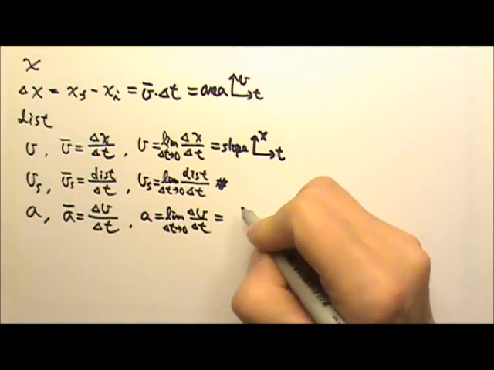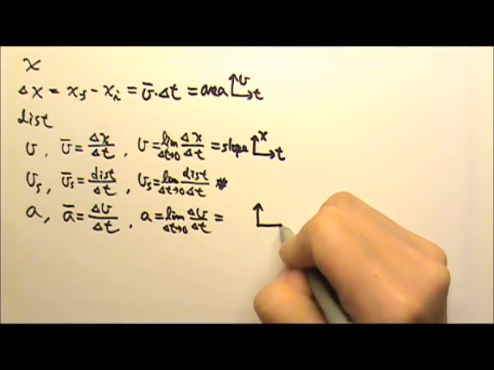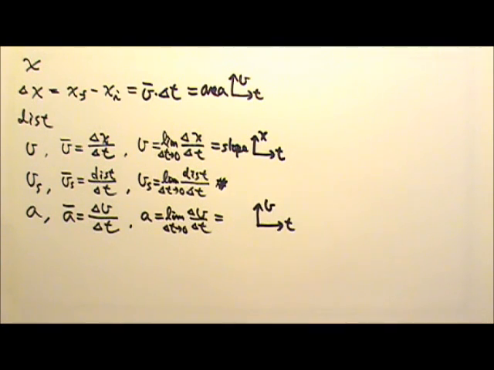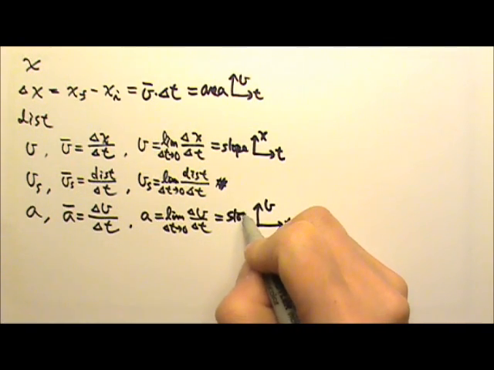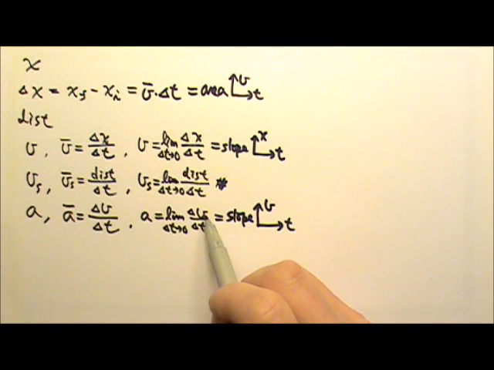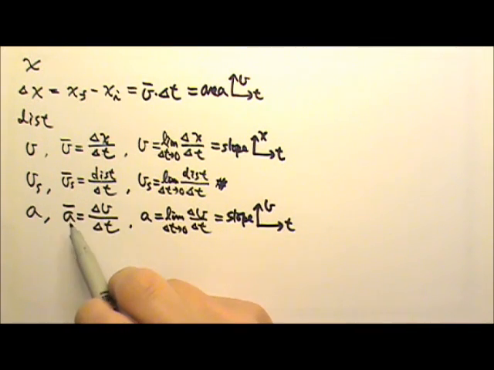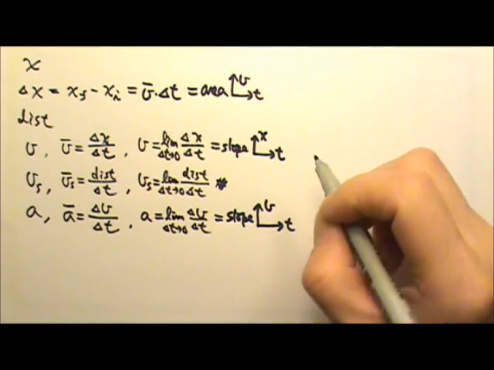For acceleration, which part of the velocity versus time graph will it be? It's the slope, because this is rise over run, and that's the velocity versus time graph. And of course, from this definition, we can see that a delta v is average acceleration times time.